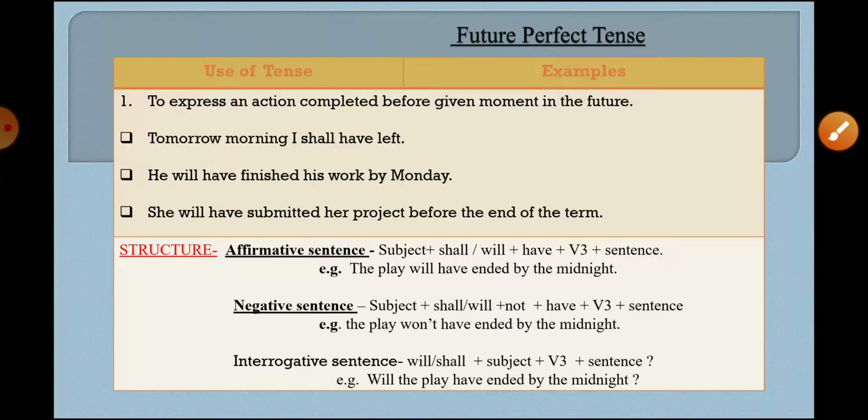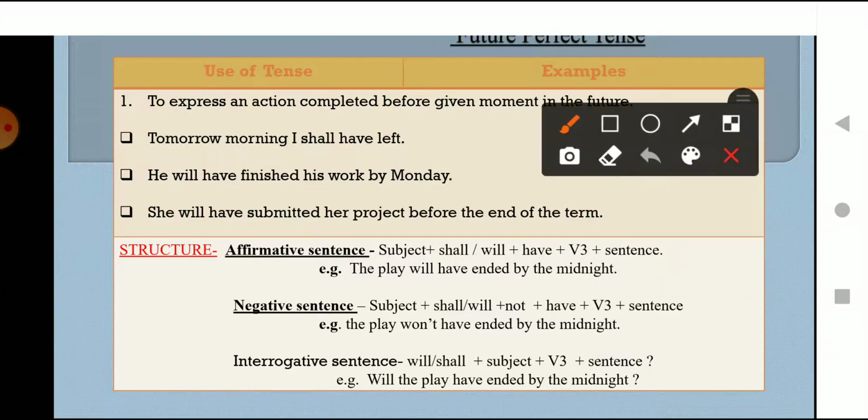Okay students, now let's see the structure of the sentences. For affirmative or positive sentences, with the subject we add shall or will, plus have, plus the third form of the verb, and then the remaining part of the sentence. This is the structure of affirmative sentences. Let's see an example.